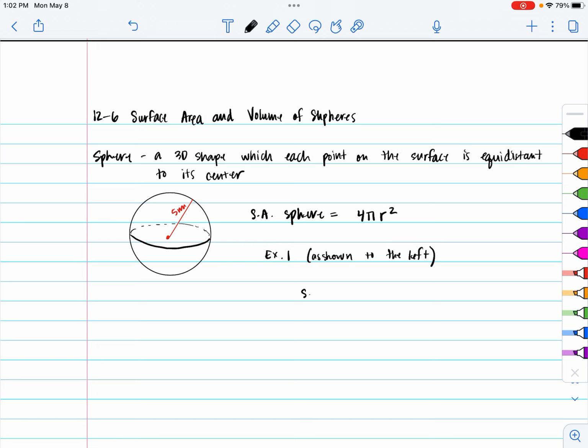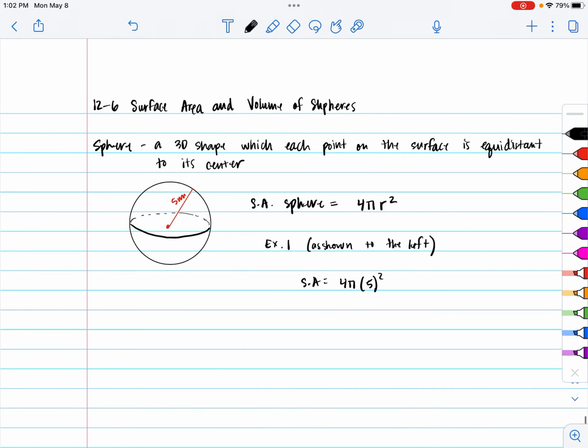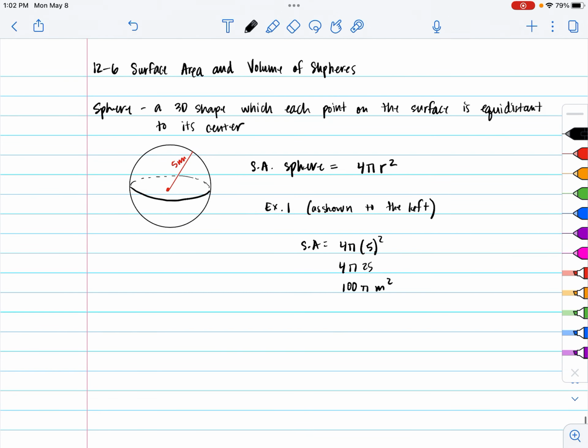We're going to use surface area is then equal to 4 times pi times 5 squared, because the radius is 5. 5 squared is 25, so we get 25 times 4 pi, which then equals 100 pi meters squared. Remember, this is area, so we're still in units squared. Okay?